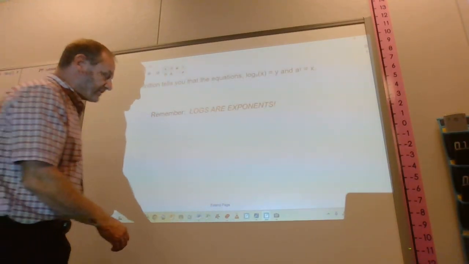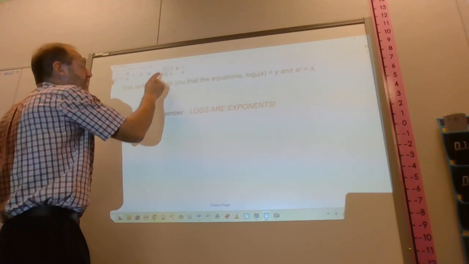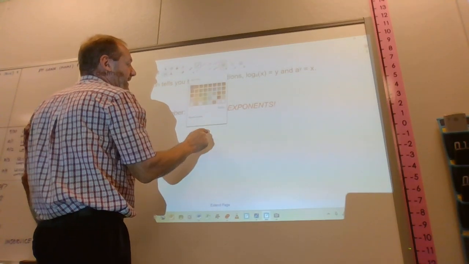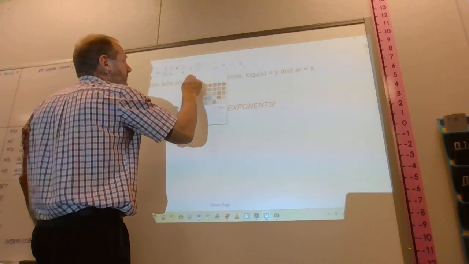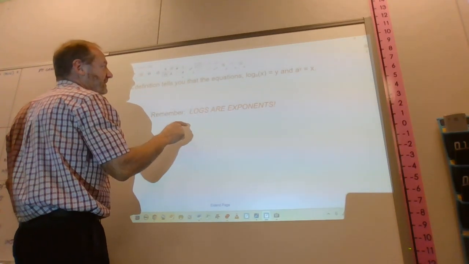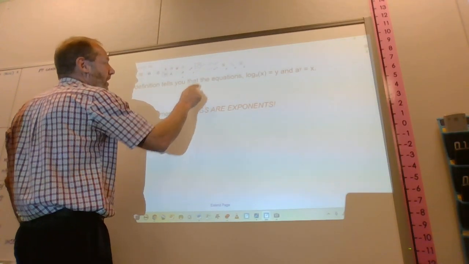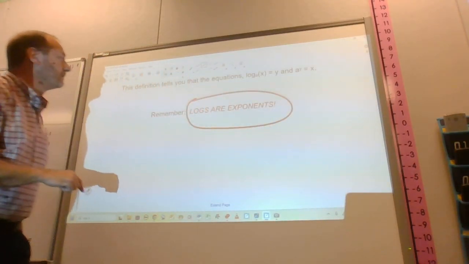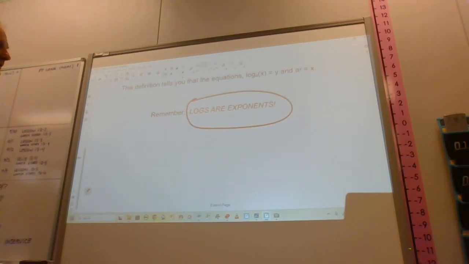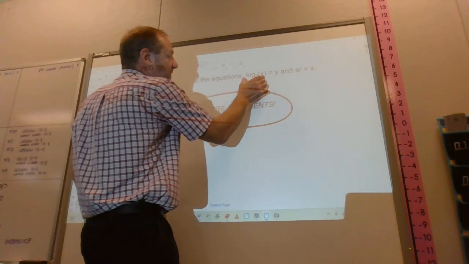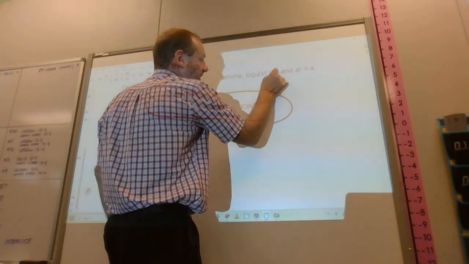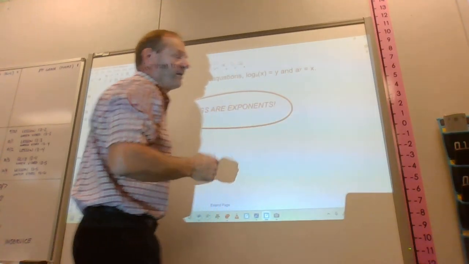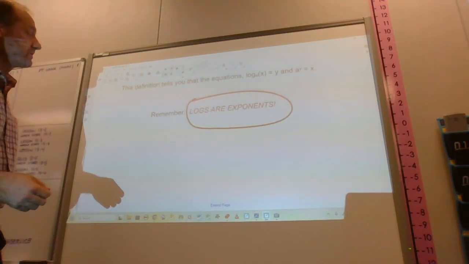If you get lost, if you get mixed up, if you get confused, you can always go back to this basic thing right here, that logs are exponents. Okay? Logs are exponents. So this is a log, because they're equal, right? So here's your log. It's the exponent over here. That's all it is. Logs are exponents.